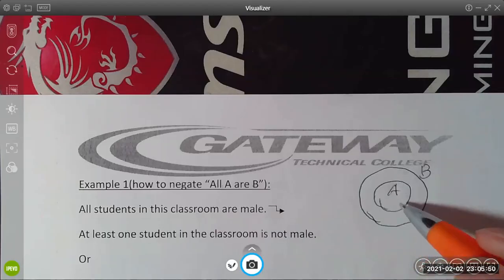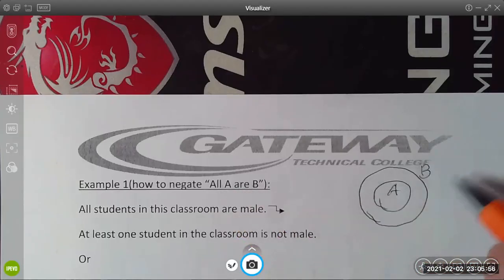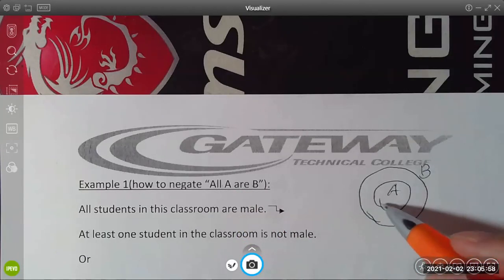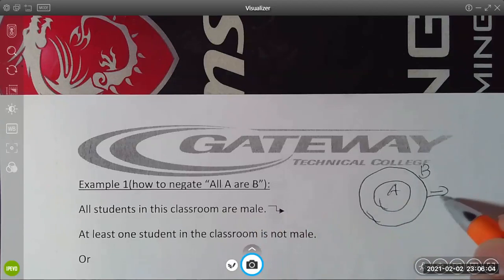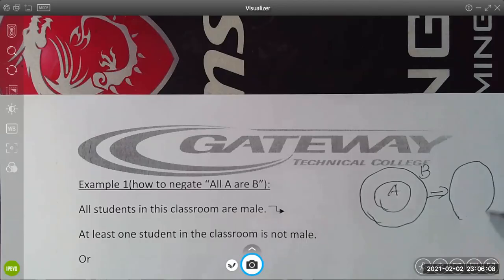In other words, after you move it, you cannot claim all A are B anymore. That means we negate that. So look at how I move them. Since now A is entirely in B, which is the original, I'm going to change that. So this is B, and now this is A.